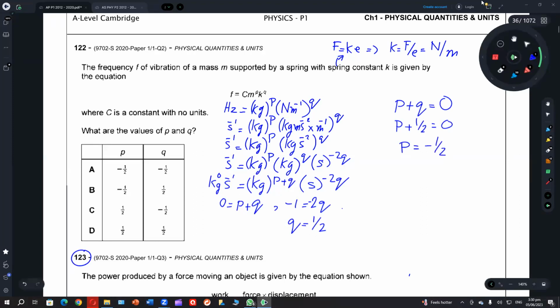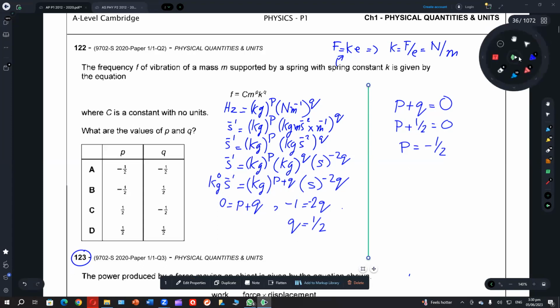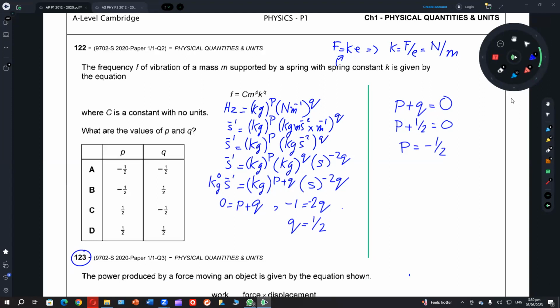So it's 1 over 2 and minus 1 upon 2. It's looking to be in this way. One upon 2 and minus half. So it's B.